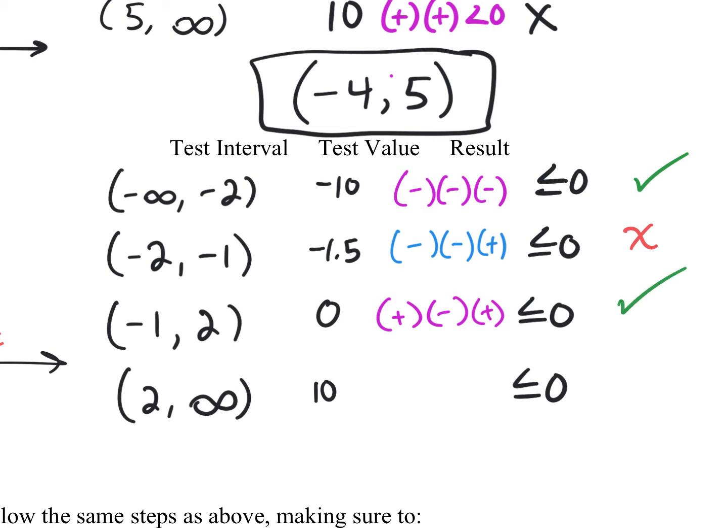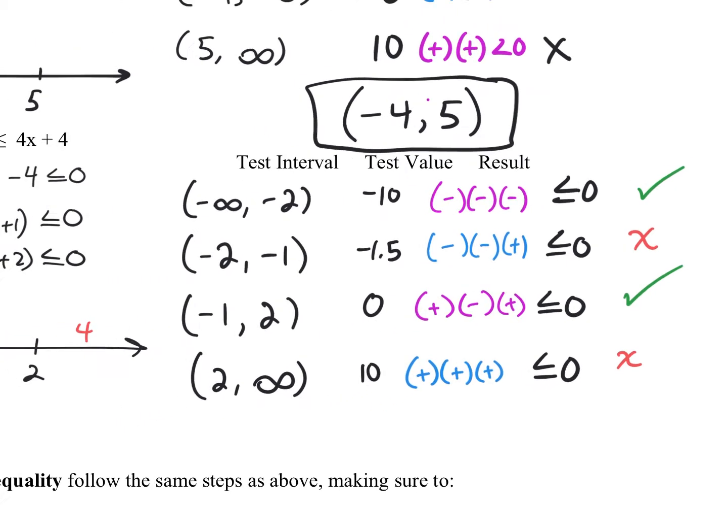That is part of my solution set. And then finally, if I were to plug in positive 10, all factors in factored form would be positive. There's no way that could be a negative number. So this would not be included in my solution set.